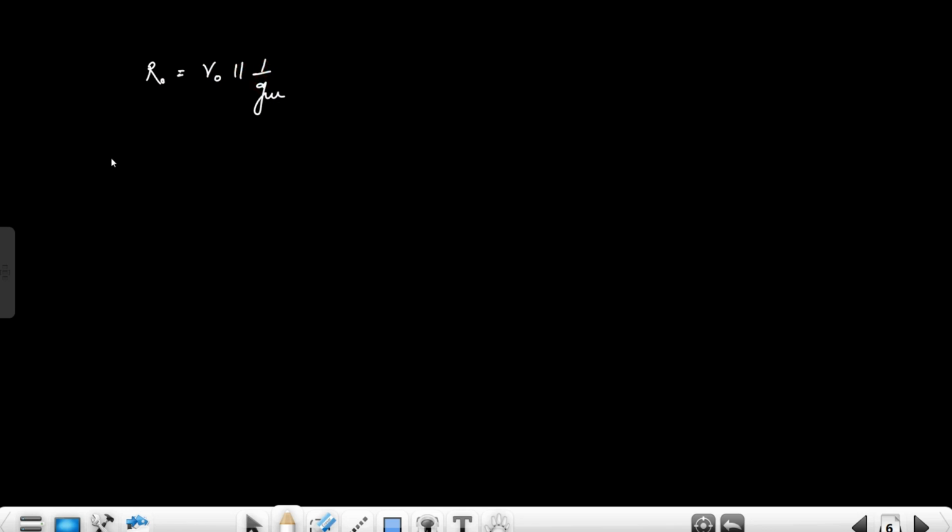Now this R0, that is 1 upon lambda ID, has a high value, right? For GM, let's take a value like 50 milliampere per volt. So 1 upon GM will be 1 upon 50, which is 20 ohm. Obviously R0 has a high value compared to this 1 upon GM.